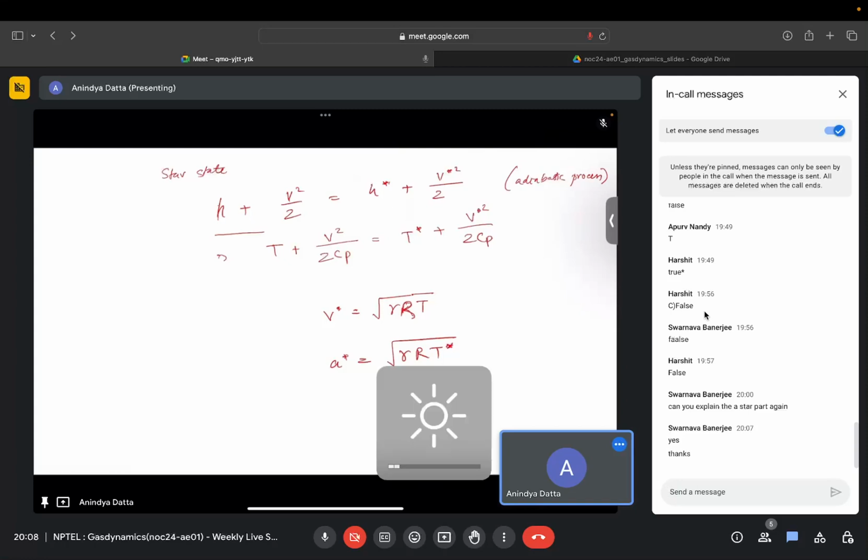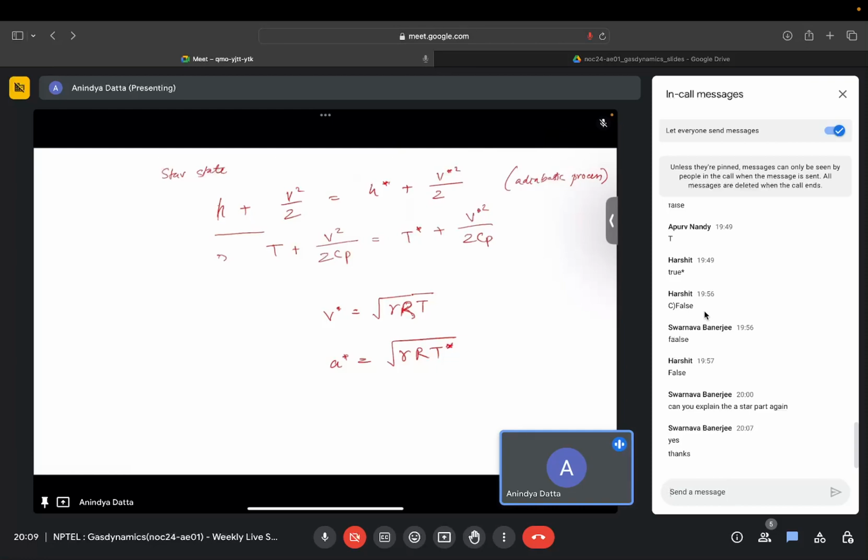Again, I will repeat what I said in the previous class: when the flow is adiabatic, your stagnation temperature stays constant, and your star temperature stays constant. A star, the characteristic speed of sound, depends on T star. Since T star stays constant in adiabatic flow, A star will also stay constant. Now if there is some heat transfer or heat loss, all of this will change.